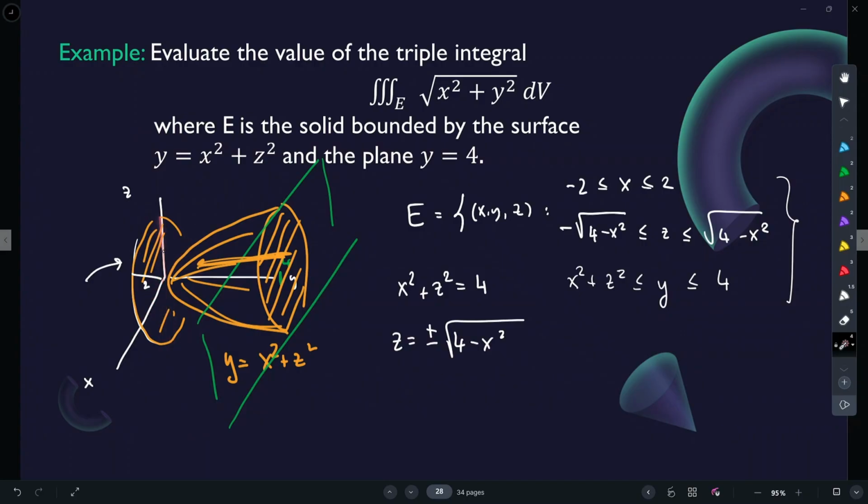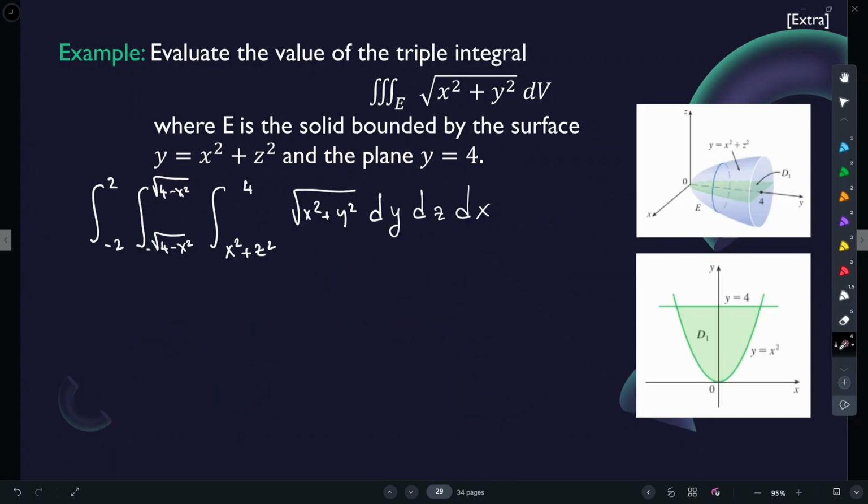Z is going anywhere from the bottom half circle to the top half circle. And the y is going anywhere from the paraboloid to the plane. So it has to be that x is at the very end, because it corresponds to this integral. Then I'm doing the z values, and then I'm doing the y's.